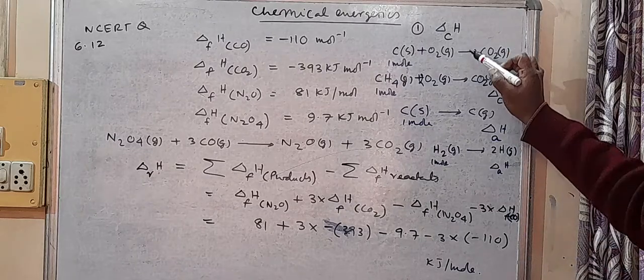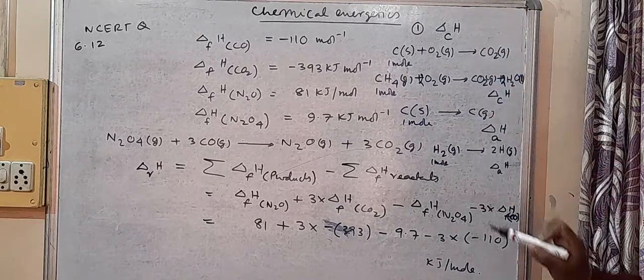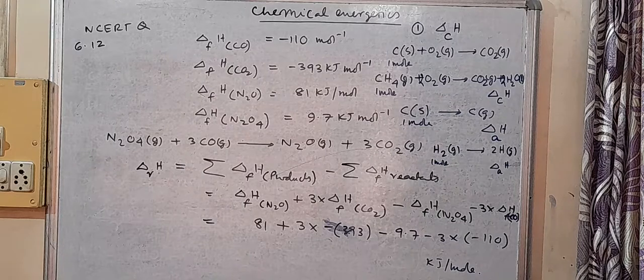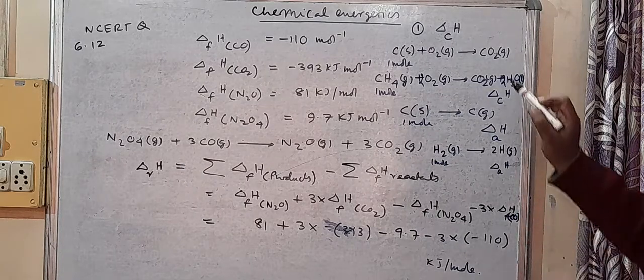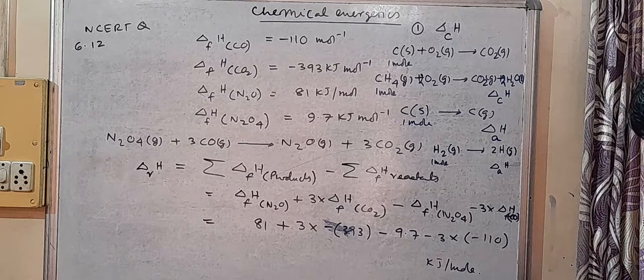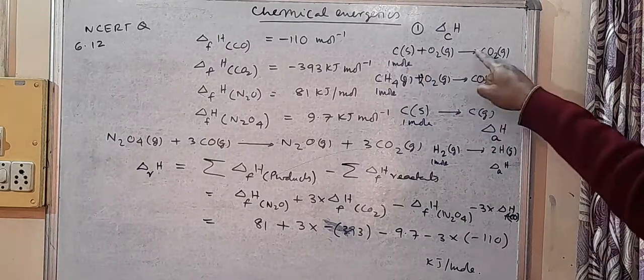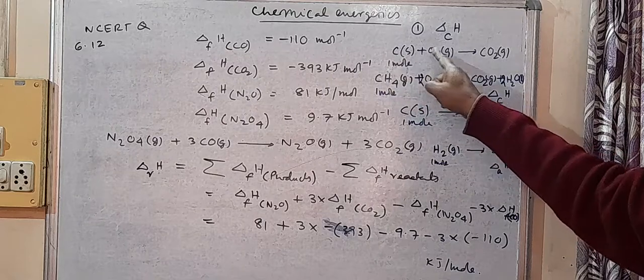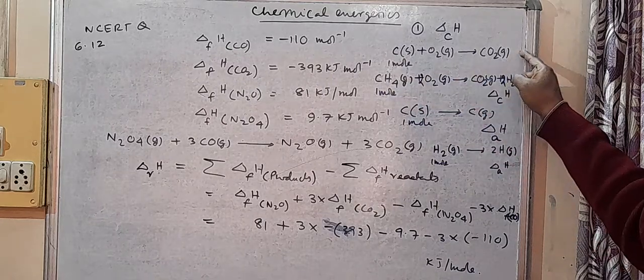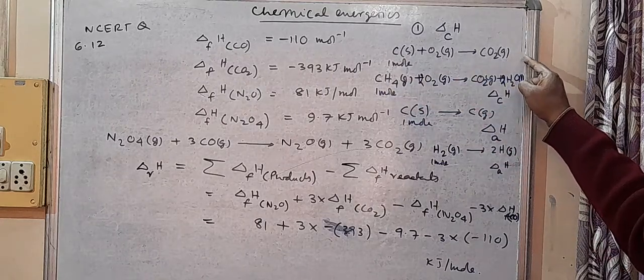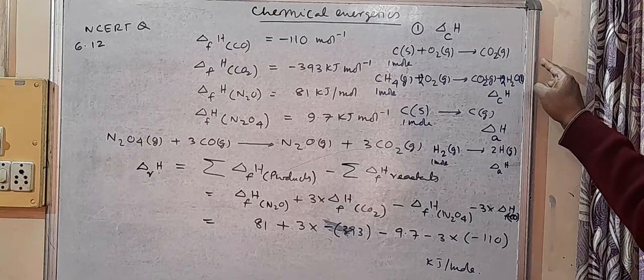Now, as already said, these are thermochemical equations, and we can use them just like mathematical equations in mathematics. If we multiply this equation by 2, here 2, here 2, here 2, then the enthalpy change value also gets multiplied by the same number.